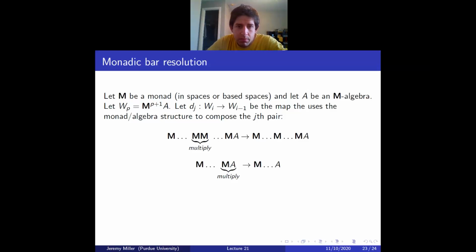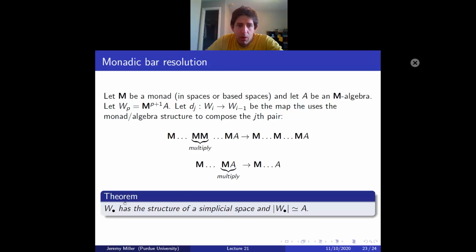And for one of the maps, you're going to use the algebra structure map to map MA to A. So you either use the monad structure or the algebra structure to cross off one of the M's.